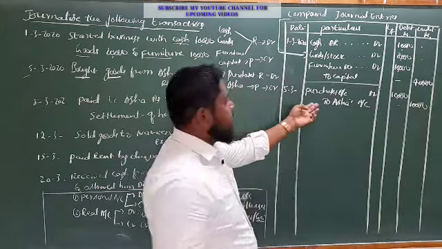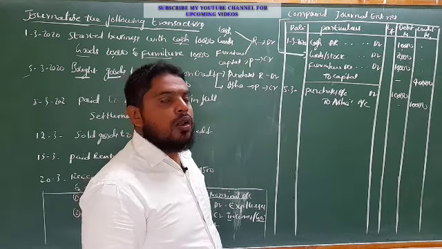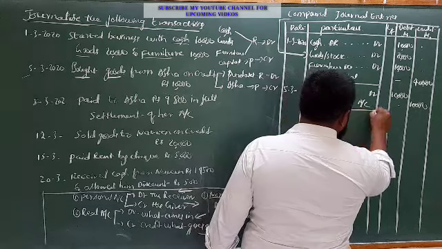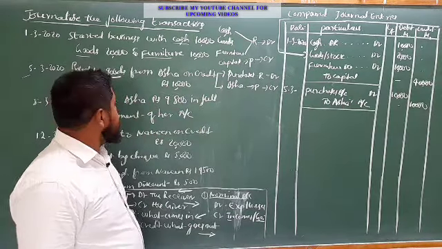So this is the entry. Narration: being bought goods from Asha on credit. After writing the narration, put one line. So this is the second entry.